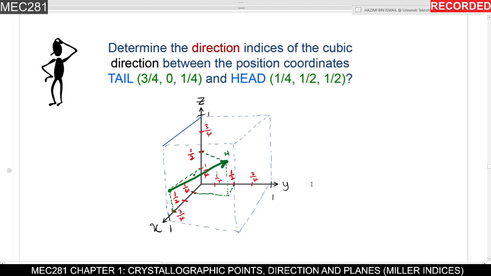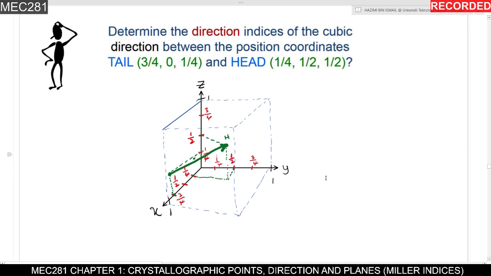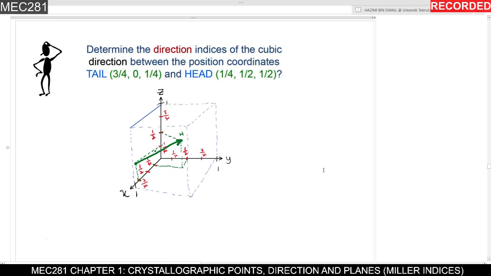Okay, so determine the direction indices of the cubic direction between the position coordinates. Okay, so this is the drawing of the cube itself, but the answer that this question wants is not about this drawing.